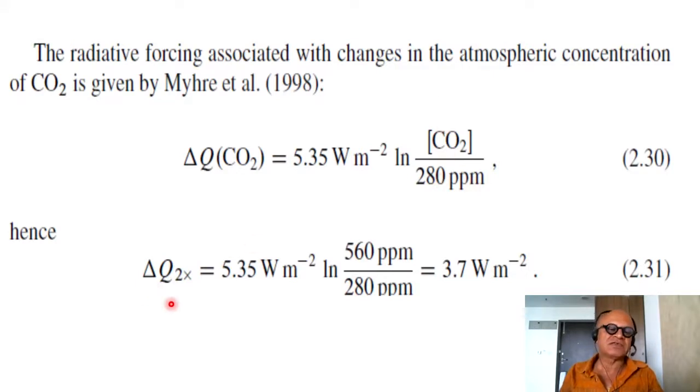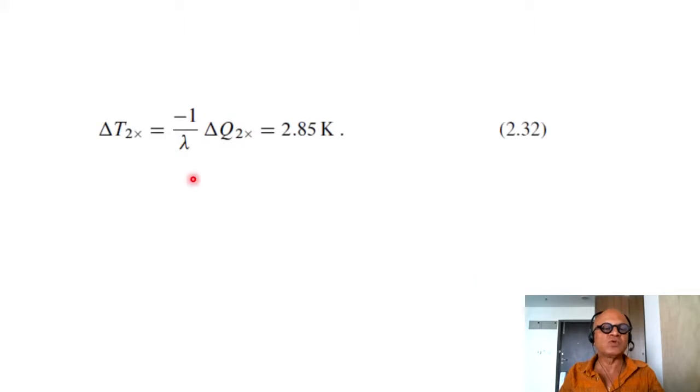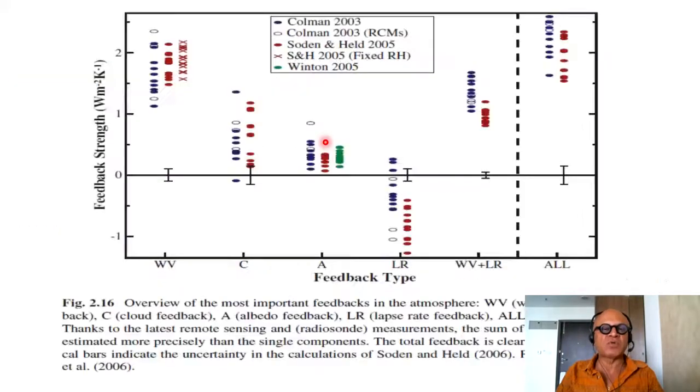So in that case, delta Q2x is 5.35 watts per meter squared times ln of 560 divided by 280, which gives us 3.7 watts per meter squared, which is a well constrained number in terms of just the physics of it. So delta T2x in that case is minus 1 over lambda times delta Q2x, which gives us 2.85 Kelvin, which is the estimate we can do with this simple approach.